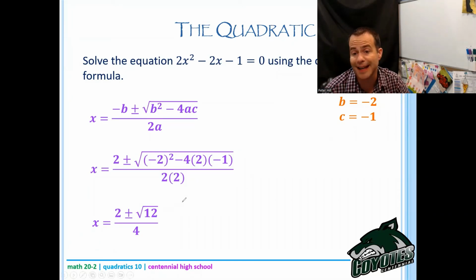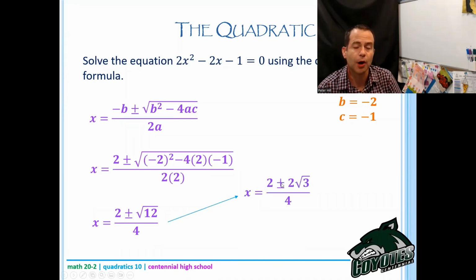And this time I can, right? Root 12 is the same as saying root 4 times root 3. Okay, and then I know root 4 is a perfect square, so I can change that to 2 root 3. Okay, so I'm going to do that in my simplification process. So now I've got 2 plus or minus 2 root 3 all over 4.